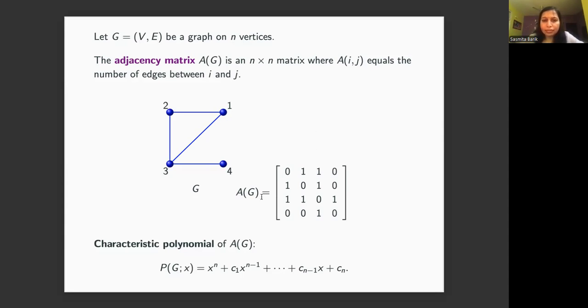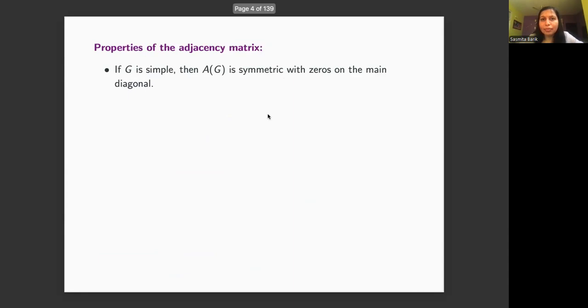About this matrix, because this is the first matrix that was associated to a graph, it has certain properties which I think you have already gone through, or you can observe. These are very fundamental but very interesting things that the matrix tells about the graph.